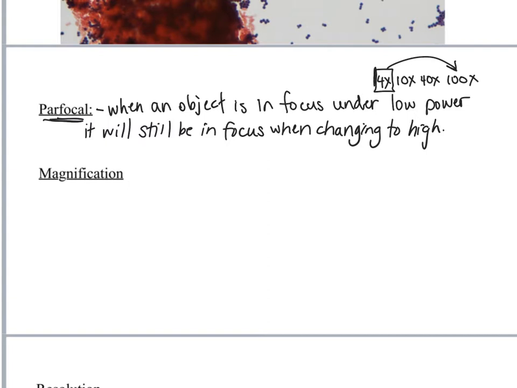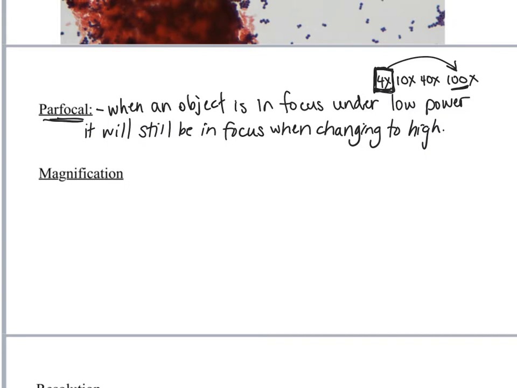We're always going to look for them first under that lowest power, that shortest objective lens. Because if we didn't find them first under low power, if we just moved the stage up and down under high power, it's like finding a needle in a haystack. I've seen people do it.